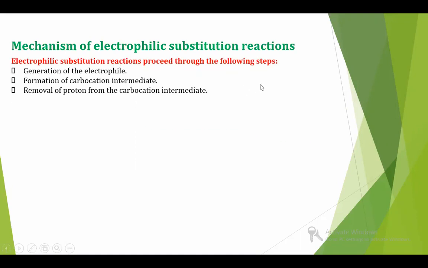This follows three steps. Generation of electrophile is nothing but forming A plus from the reactant. Next, formation of the carbocation intermediate: in benzene, any one carbon is attacked by this electrophile, which forms a C6H5 plus cation.